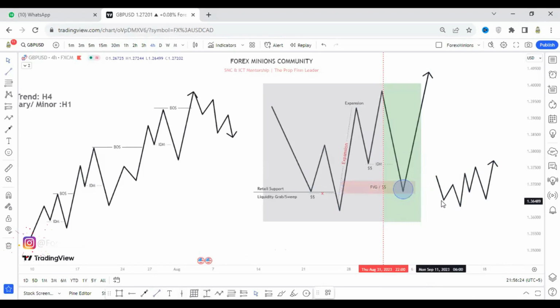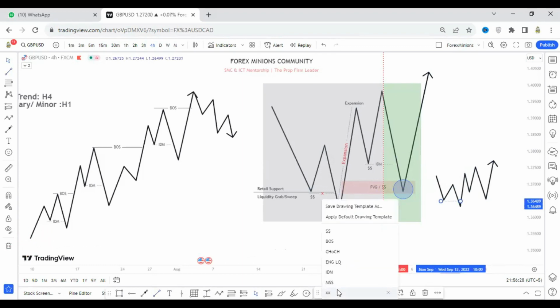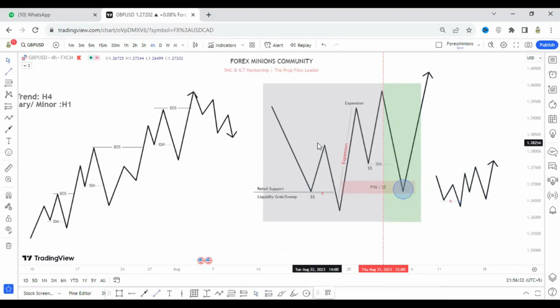We will wait for just a minor liquidity sweep, then an expansion with fair value gap. When the market expands with the fair value gap, this high will be known as MSS, which is also known as market structure shift. Let me type here for you.